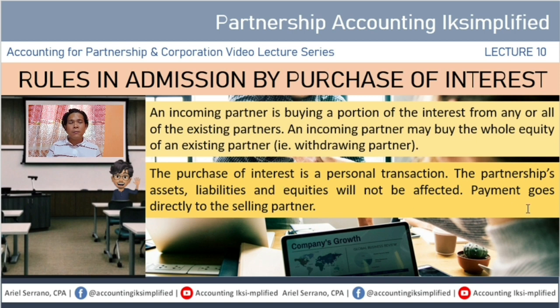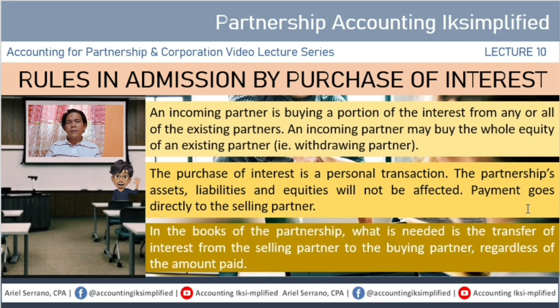Yung payment, yung pagbabayad ng interest, it will go directly to the selling partner. The third item that I want you to take note, sa libro ng partnership, ang kailangan lang is to record the transfer of interest. Pag sinabi natin ditong interest na term, ito yung capital ng mga partners. From the selling partner, transfer of interest from the selling partner to the buying partner regardless of the amount paid.